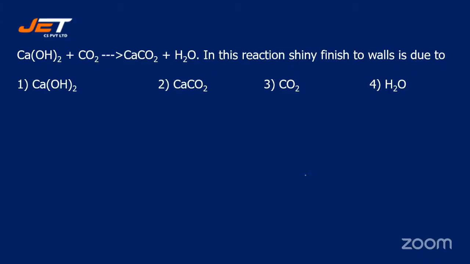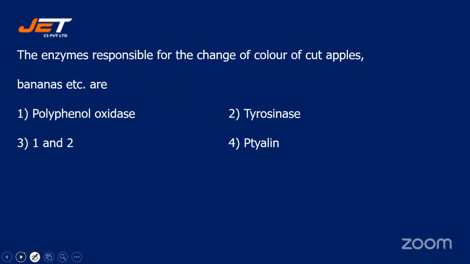Harshavardhan, option 1. So let us see. It is calcium carbonate. Calcium carbonate will give the shiny finish to the walls. It is the property of calcium carbonate. So that is the reason the walls are a little shiny finished.